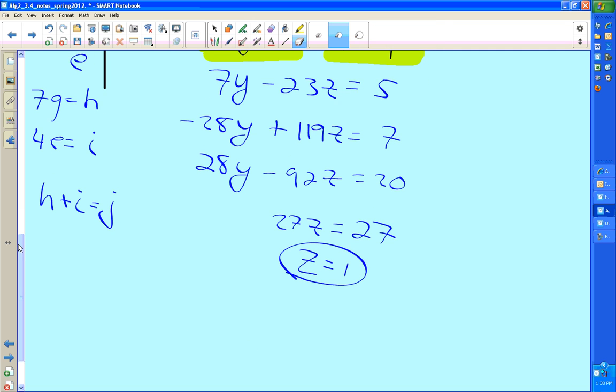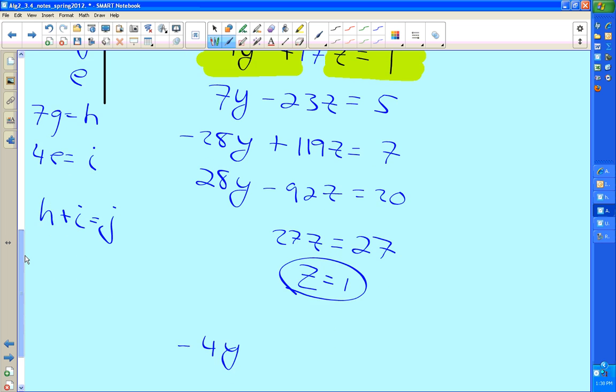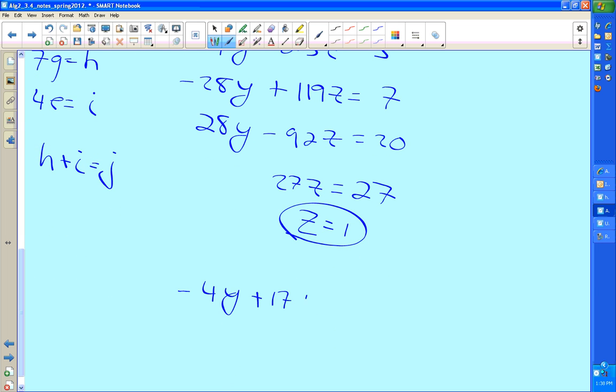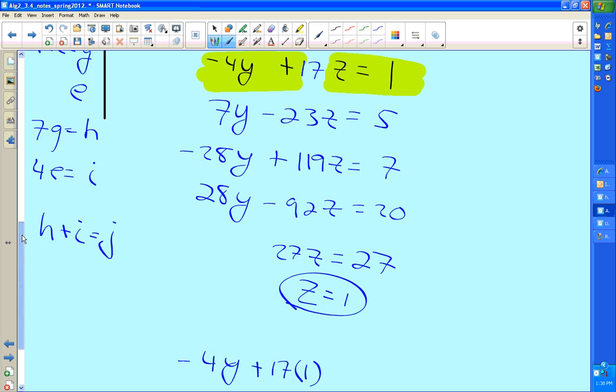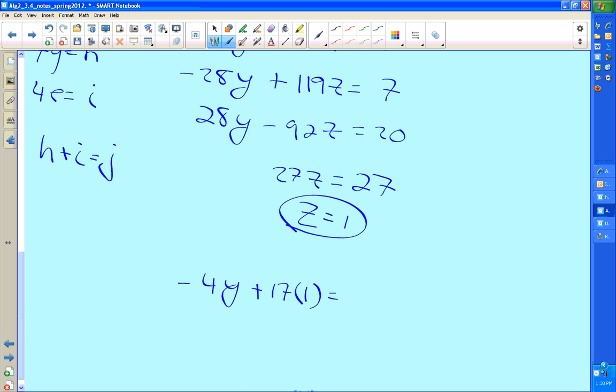Negative 4y plus 17 times 1 was equal to 1. So negative 4y equals negative 16, and y is going to be 4.